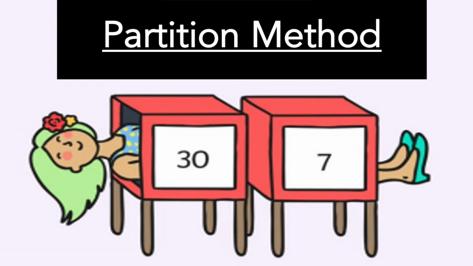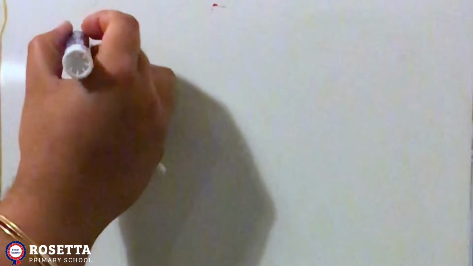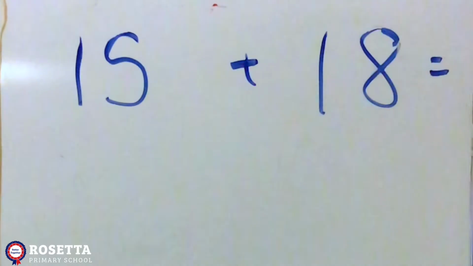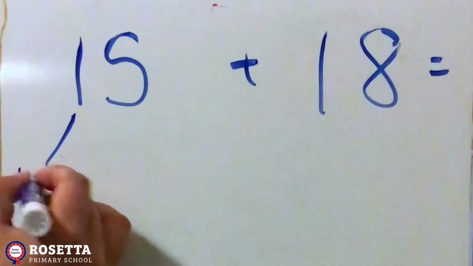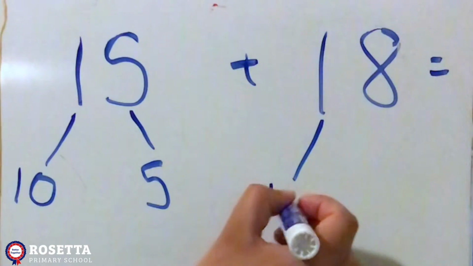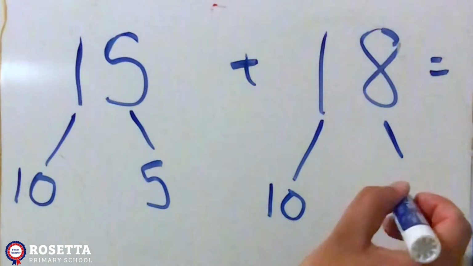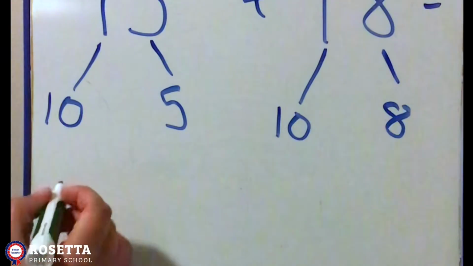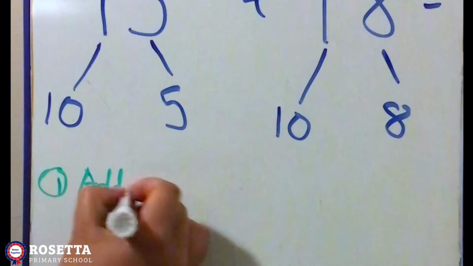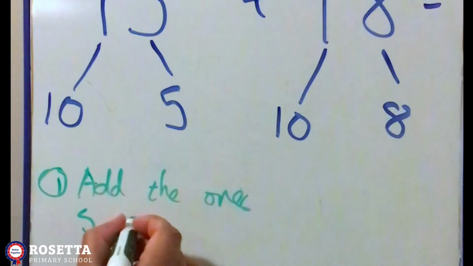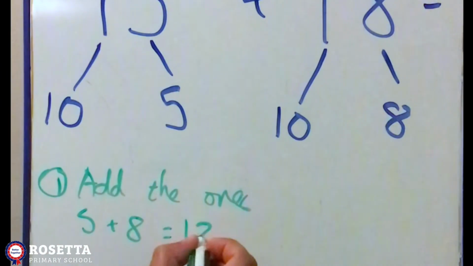Let's have a go at partitioning. Can we remember partitioning? So we've got 15 plus 18. What do we do when we're partitioning? This becomes 10, this becomes 5. What does this become? Well done. What does this become? 8. Well done. Now what do we do first? Same as the column method. What do we do first? Well done. We add the ones. So 5 plus 8 equals 13 again.